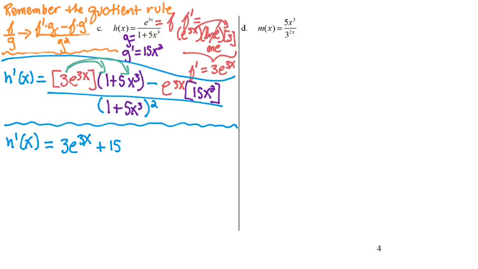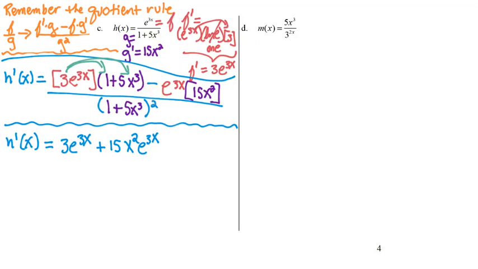So we're going to have the 3 times the 5 for 15. Since the x cubed and e to the 3x are not like terms, we tend to write the x cubed first. Now I wrote x squared, which is a typo, and I'm going to clean it up in a second, and the e to the 3x last.